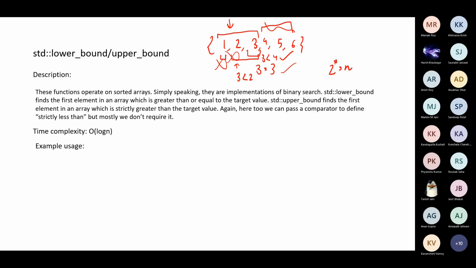So what lower bound and upper bound do: lower bound finds the first element in an array which is greater than or equal to the target value.